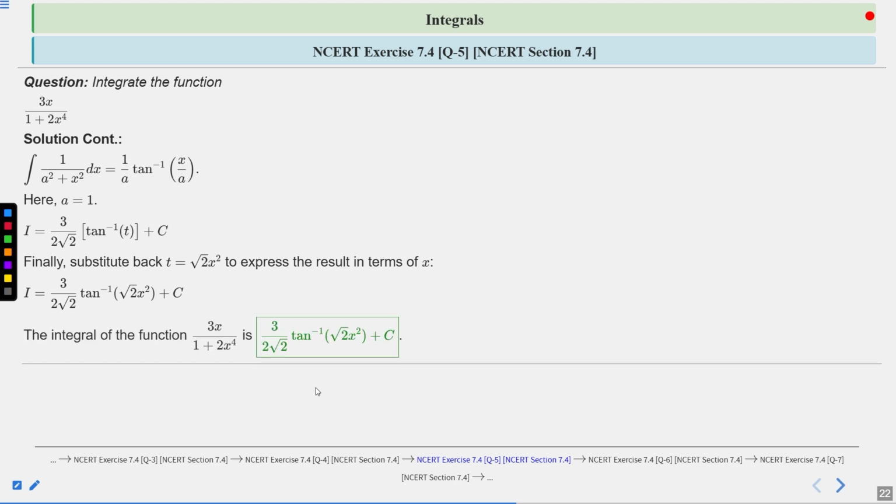So the integral of the function 3x upon 1 plus 2x to the power 4 is 3 upon 2 root 2 tan inverse root 2 x square plus c.